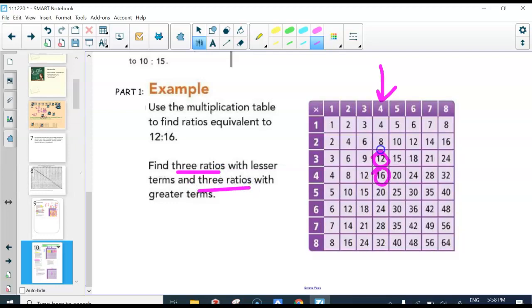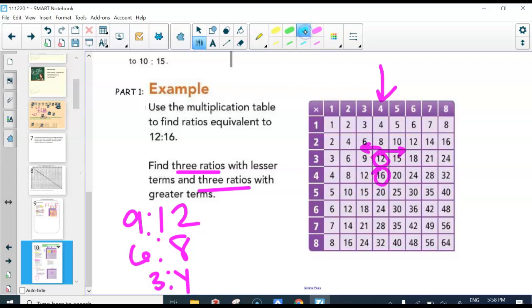Este es fácil. Yo voy a buscar esta dirección para los términos más pequeños y en la otra para términos más grandes. Okay, so I'm going to look to the left for less ratios. So that would be 9 to 12, 6 to 8, and 3 to 4.